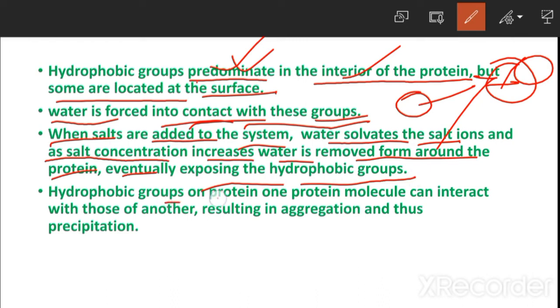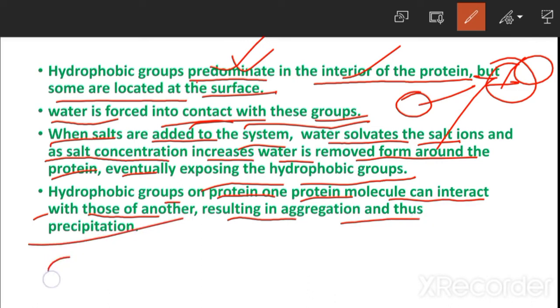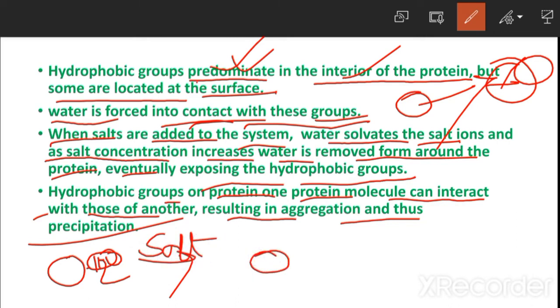Hydrophobic groups on one protein molecule can interact with those of another, resulting in aggregation and thus precipitation. That means at first the protein interacts with water, and in the next condition, when you put in salt, the protein interacts with salt, and water makes a sphere.